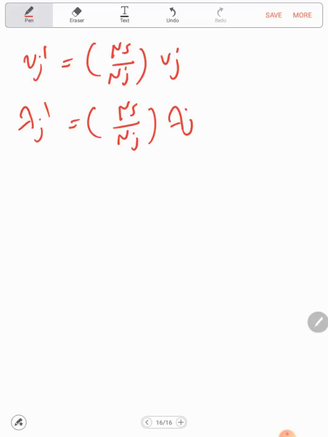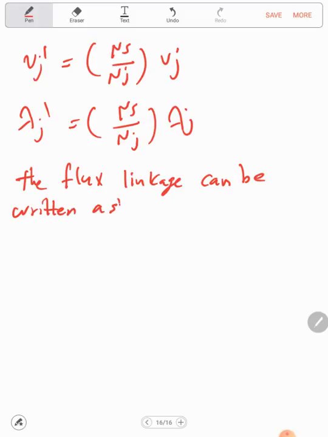So referring to the stator circuit, the flux linkage can be written as: here we have lambda ABCS, here we have lambda QDR dash, and dash means that the rotor circuit is referred to the stator circuit.